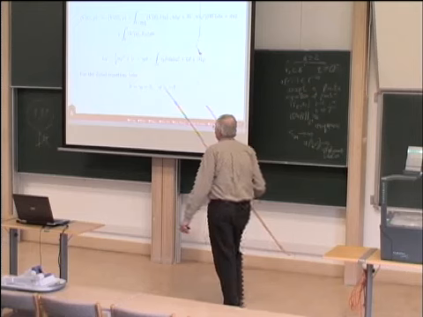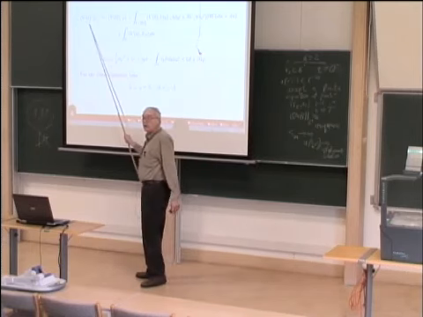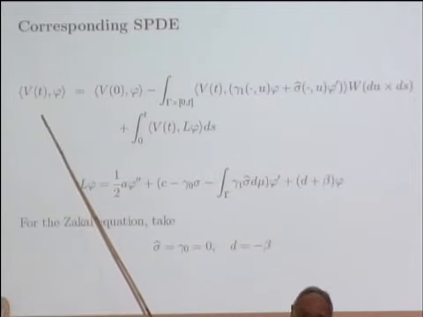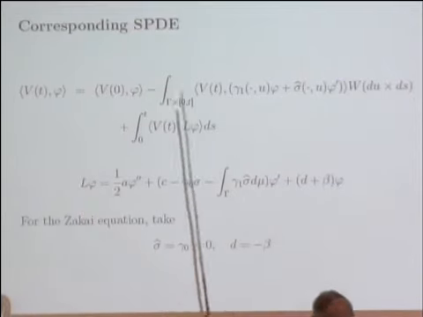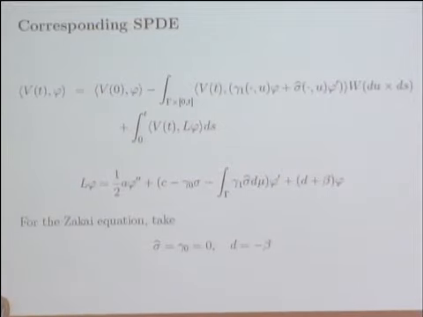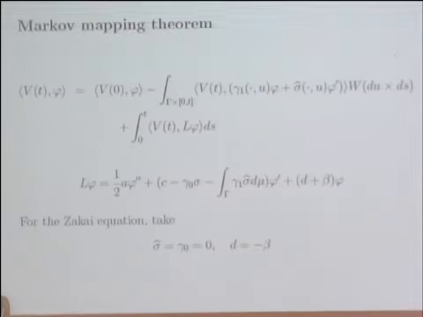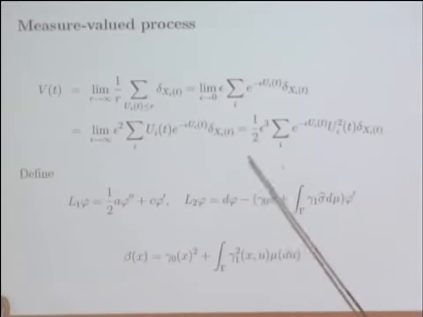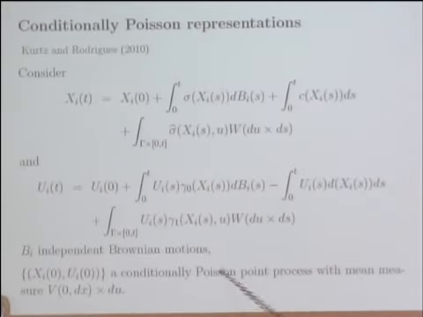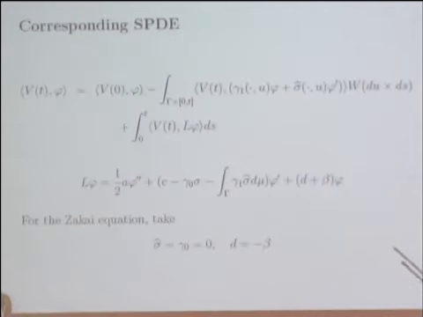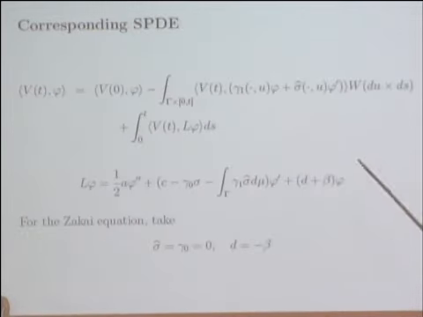However, in this representation, the measure does come from a conditional distribution. It comes from the Cox measure of the Poisson point process. So if I know uniqueness for this system, I can play the same Markov mapping game to get uniqueness for this system.